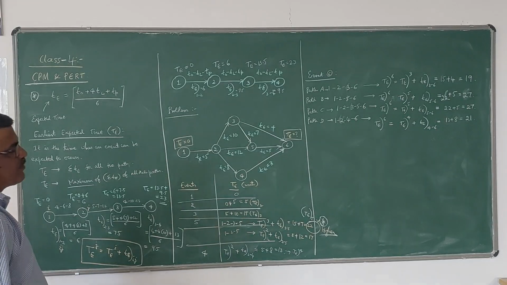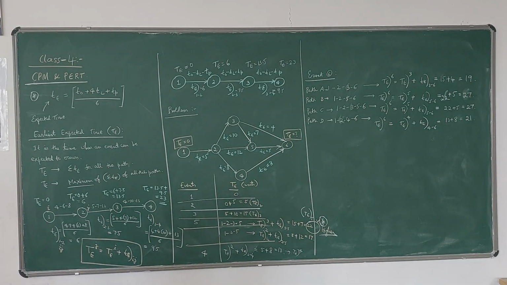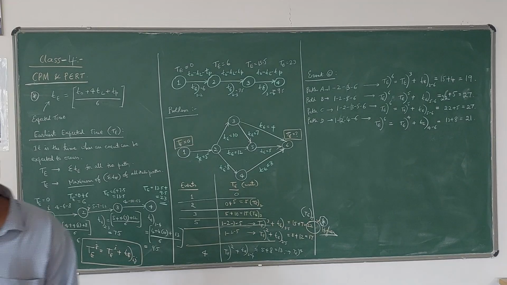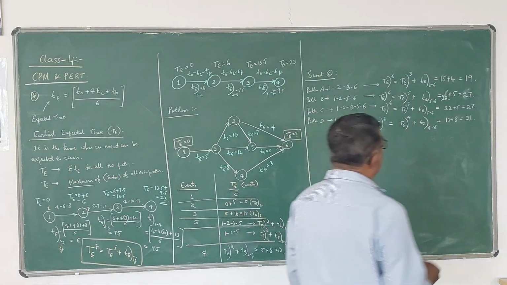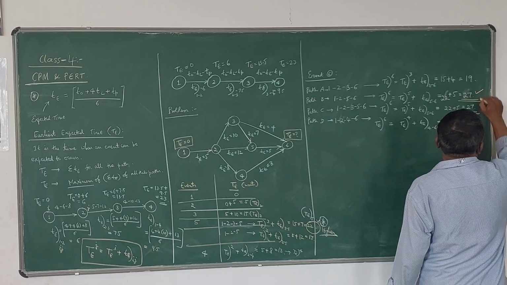Now we got 4 values for the earliest expected time. Among these we have to take the maximum value. Here the maximum value you are getting is 27. Both of these two are equal to 27. These are the maximum values.